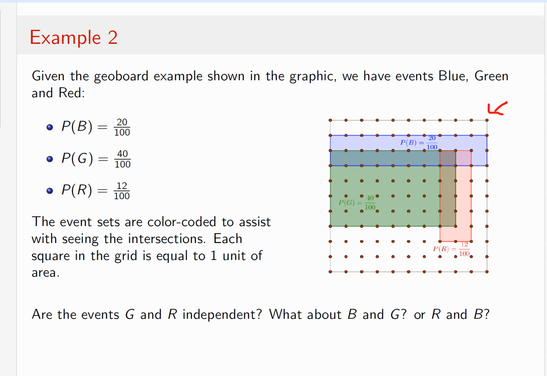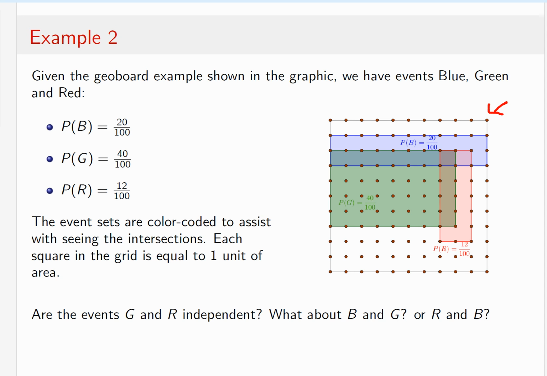The blue shaded area has a probability of 20 out of 100. Notice that every single one of these squares is equal to 1 square unit, 1 unit of area. The green shaded area is 40 out of 100, and the red shaded area is 12 out of 100. The question is, are the events green and red independent? What about blue and green? What about red and blue?